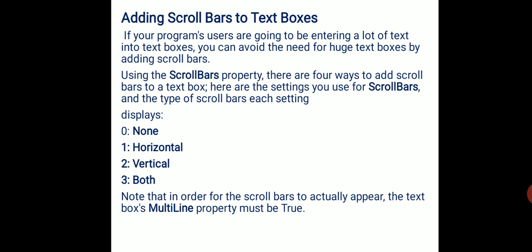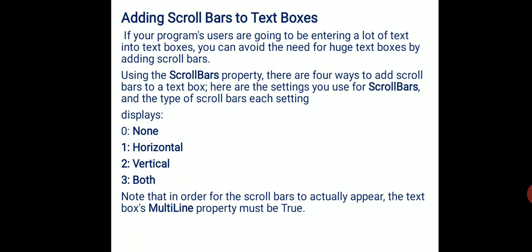Adding scroll bars to text boxes. If your program's users are going to be entering a lot of text into text boxes, you can avoid the need for huge text boxes by adding scroll bars. So no need to use a bigger text box; instead you can add scroll bars. Using the ScrollBars property, there are 4 ways to add scroll bars to a text box.